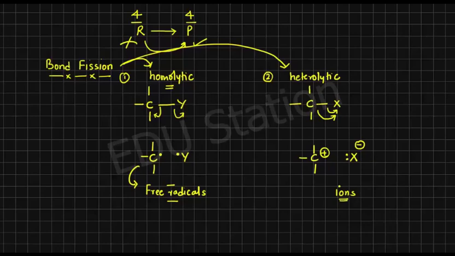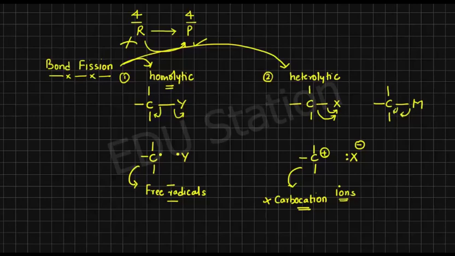Now, if carbon carries a positive charge, it is called carbocation. This is one of the most important intermediaries, that is carbocation. Now, in heterolytic, there can be a second scenario. Say carbon has 4 bonds and one of the bonds is with M, and carbon being more electronegative than M withdraws these electrons.